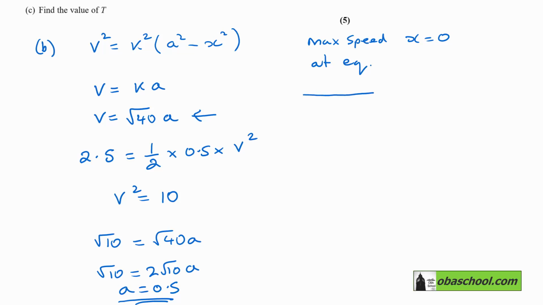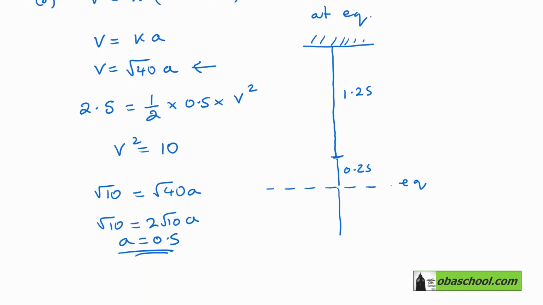So if we now think about a diagram from the point of suspension, we know that the natural length of the string is 1.25. The equilibrium position is an extension of 0.25. And now we've just worked out that the amplitude of the motion is a further 0.5. And so overall, that distance is 2 meters.